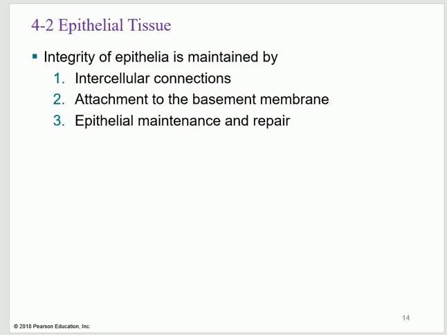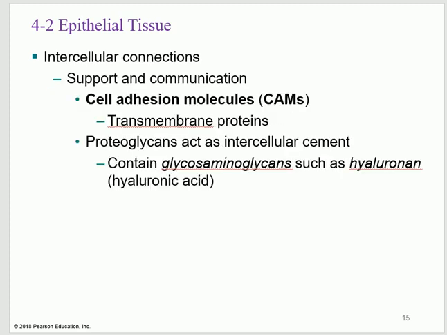Each 2 cells are connected. The cells are connected to the underneath basement membrane. And these connections are actually important to know. Okay, so I can ask you about this. What are the different types of connections that connect the epithelial cells? This is a good question.